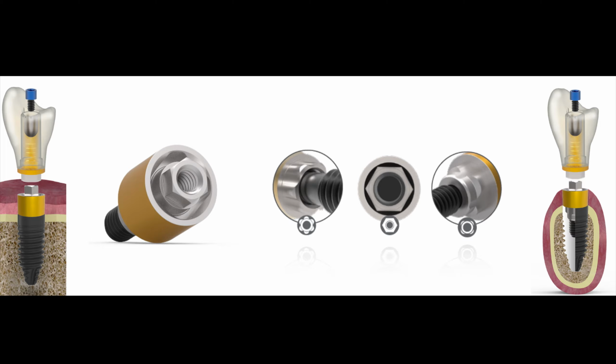That's why some implant brands like BTI create this transepithelial piece that you screw to the implant, and it will give us all the tissue profile, and we're gonna cement the crown over it.